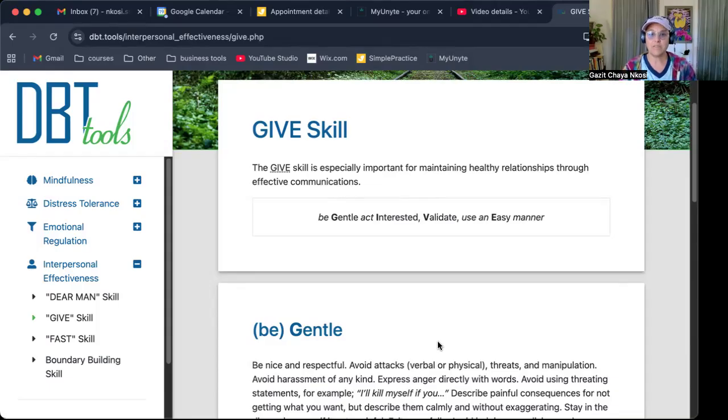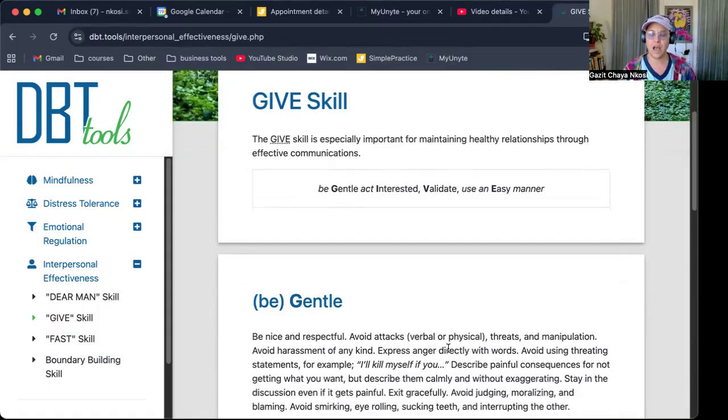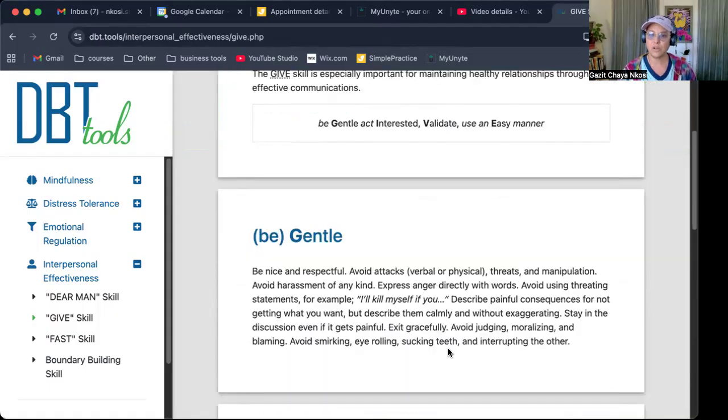If I'm using Give, I'm going to be like, hey, I noticed that you just said this thing about this issue that we had. Let's say they're saying something that's homophobic. Hey, I noticed that you were saying something about who should be able to love each other.